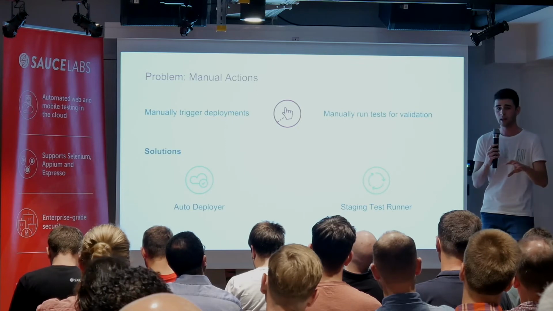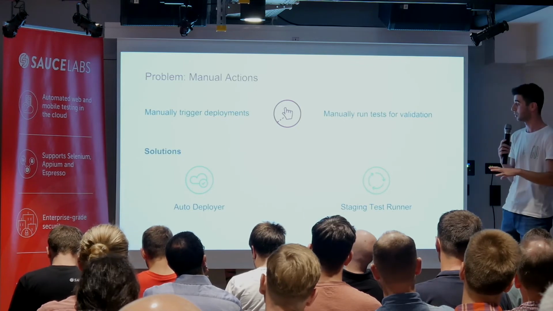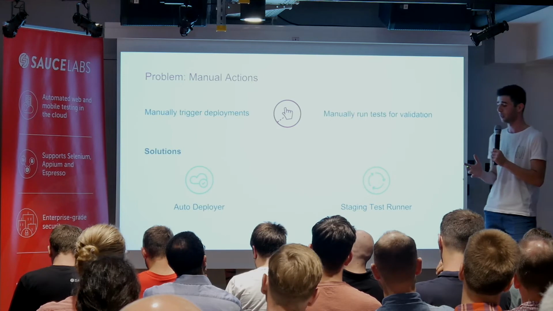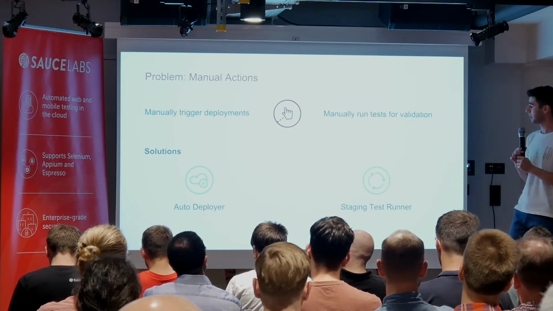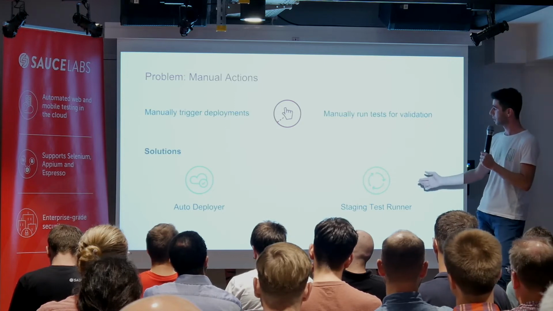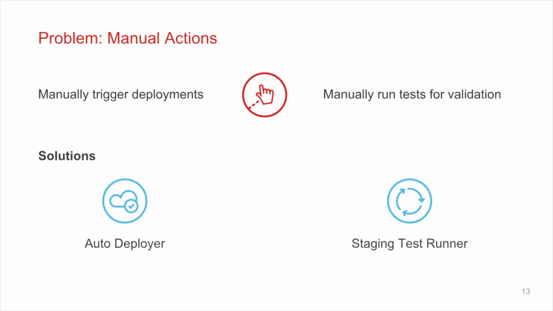So we always have the latest release deployed to staging. We don't need to do that manually anymore. We always know that we have the latest one deployed. And the staging test runner is just a simple job to keep triggering our tests over time whenever it's possible.